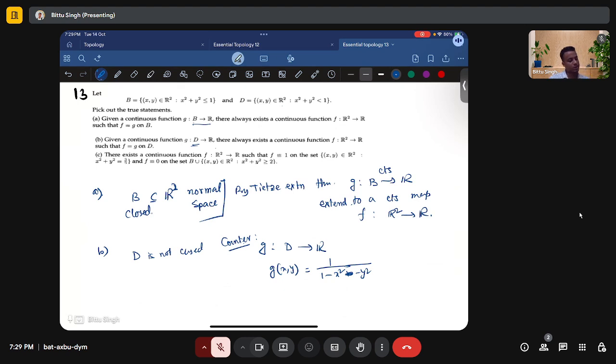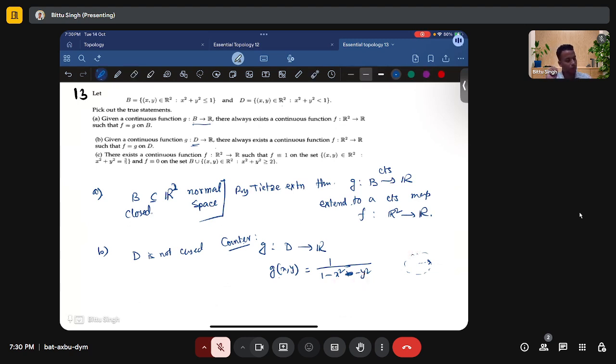So we can see that as we approach towards the boundary, this G tends to infinity, right? When we are approaching towards the boundary, this x square plus y square tends to 1, and this tends to 1 implies this tends to infinity.